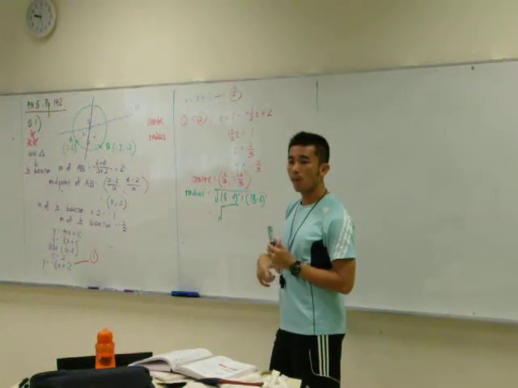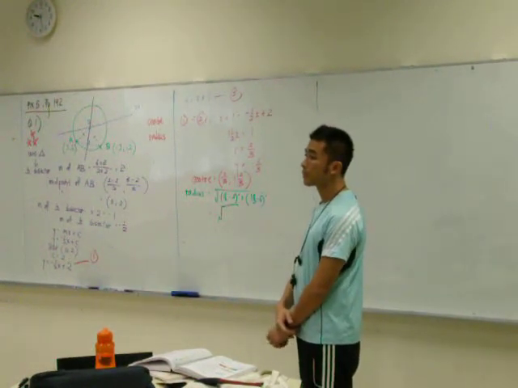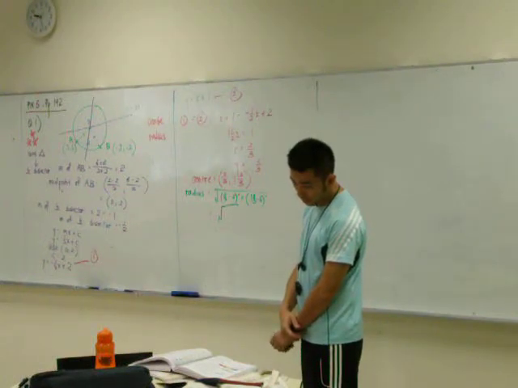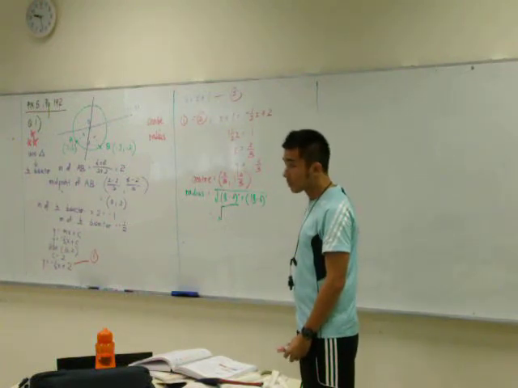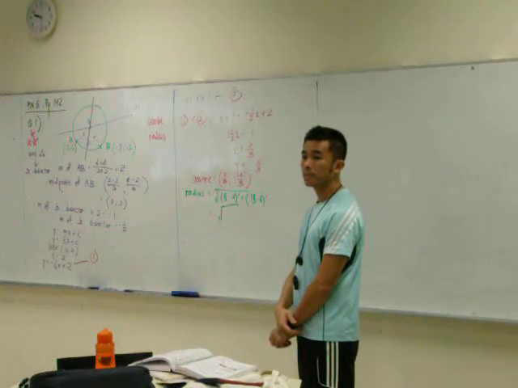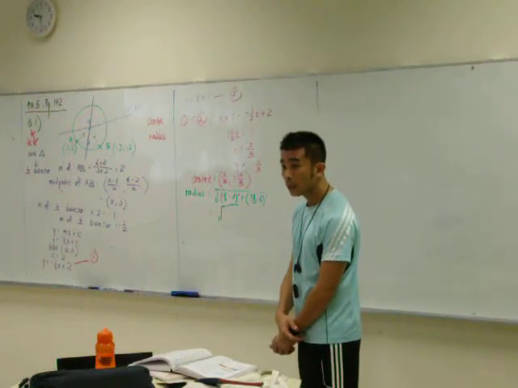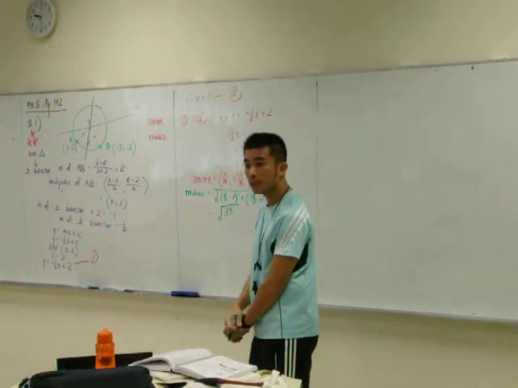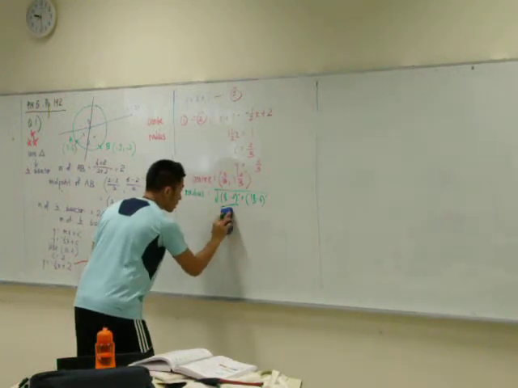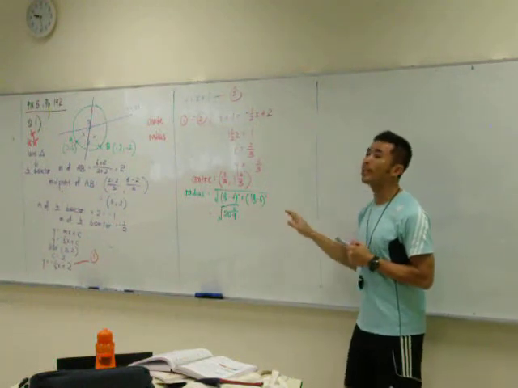Root of 25 over 9... equal to 4.5. I don't need the 4.5.